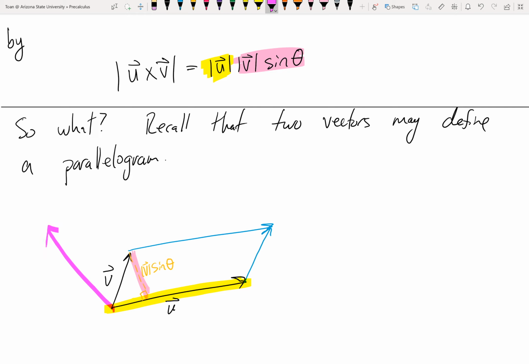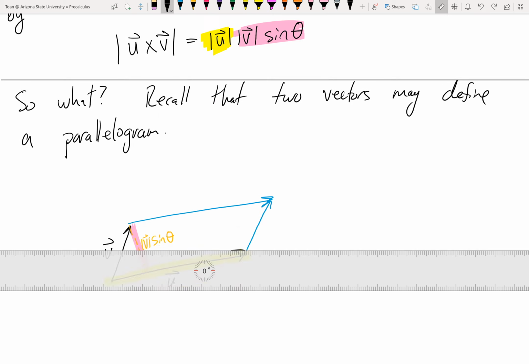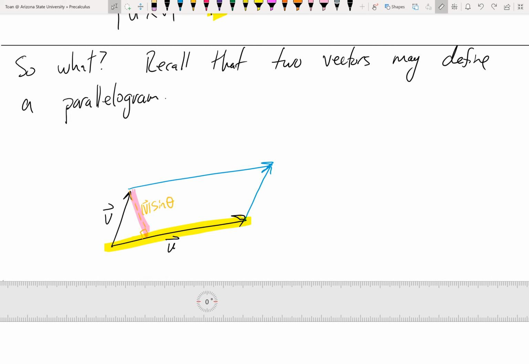But more special than that, if you were to take a measuring tape and measure that length, that number itself is going to equal the number that represents the area of the parallelogram that those two vectors make. Let's go ahead and write it up formally. It's a pretty neat and helpful way of finding areas of parallelograms.